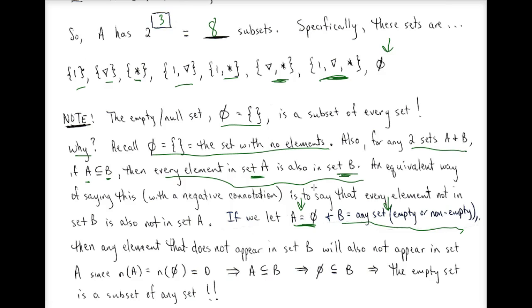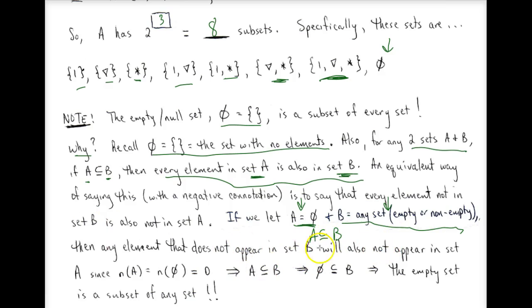If any element in B does not show up in A, then that means A is not a subset of B. Okay, and so if we turn that around contrapositively, then that's actually telling us that A is going to be a subset of B. This is sort of like a technicality here, but this is why we can say that the null set is going to be the subset of any set B here.